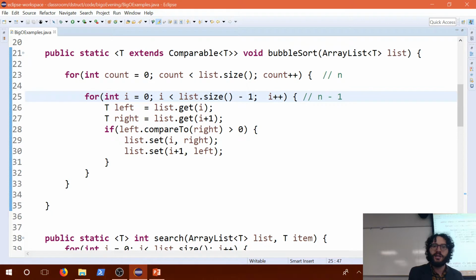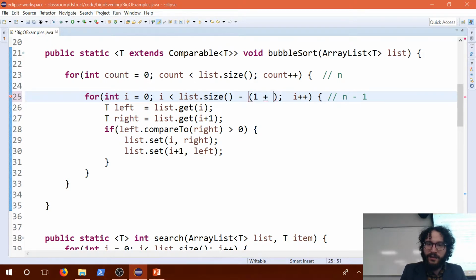The first iteration, I need to check all the pairs. But for the second iteration, I can leave out that last item. I don't have to check it. And the time after that, I can check one less item, I don't have to check the second to last. So let's go ahead and change that.